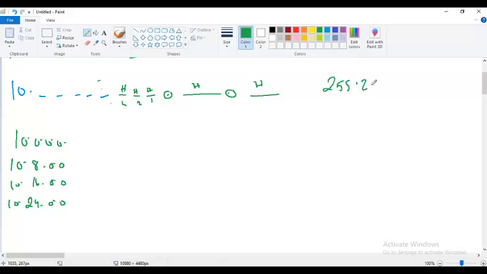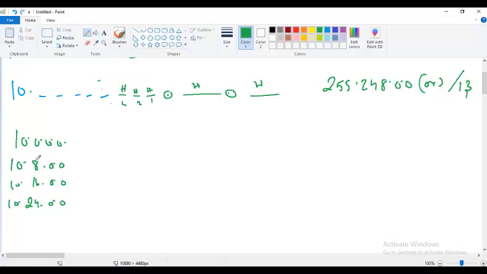So it is 255.248.0.0. This can also be written as slash 13, because 8 plus 5 is 13. Now, this is the first 4.